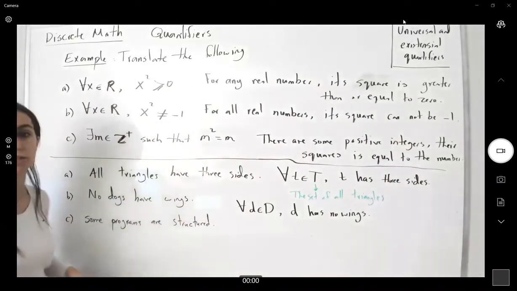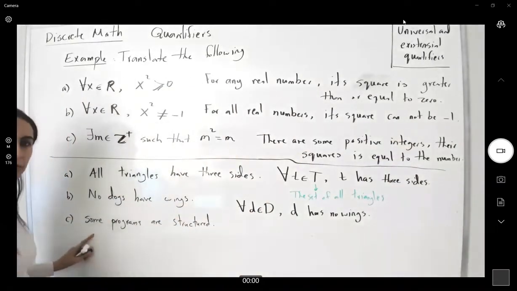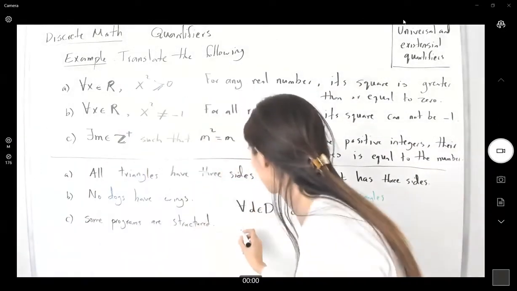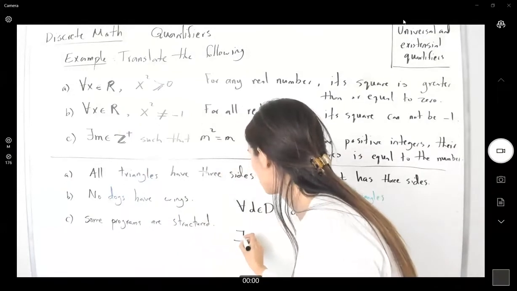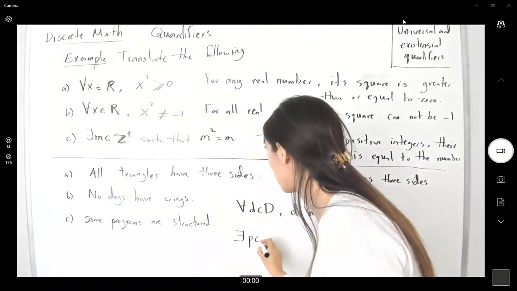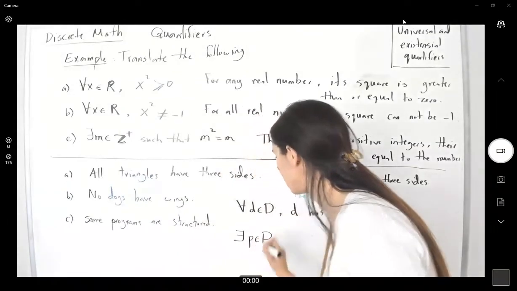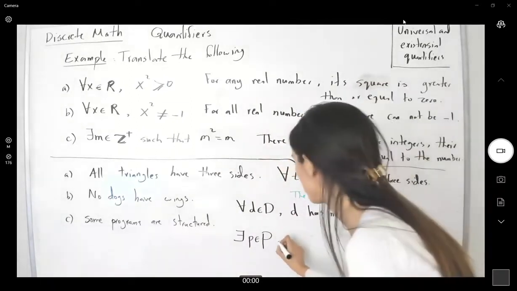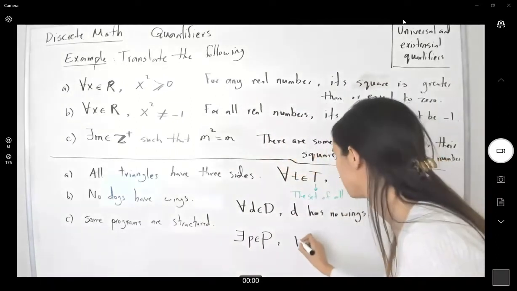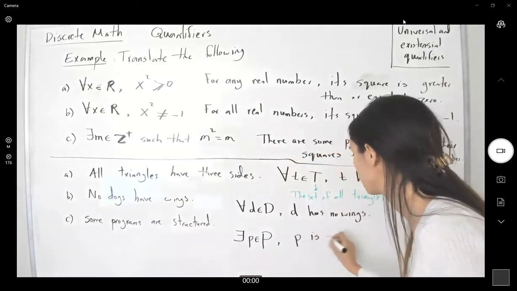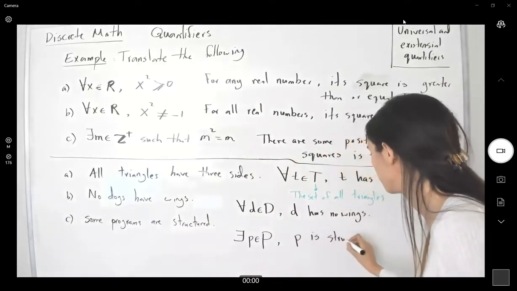Some programs are structured. Some, it means that there exists. You can find some of them. So there are some programs in the set of programs P such that P is structured.